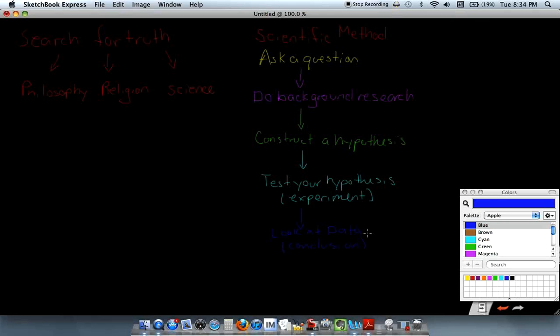And then the last step, which seems to be skipped a lot in high school classes, maybe not at the collegiate level or at the professional level, is that once you've done all of this and you've written it down and you've come to a conclusion, it is time to report your results.